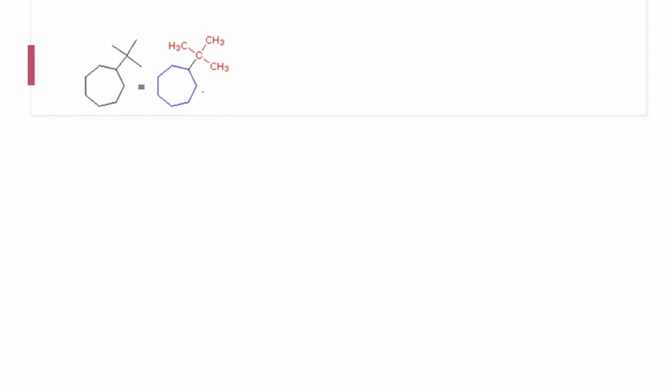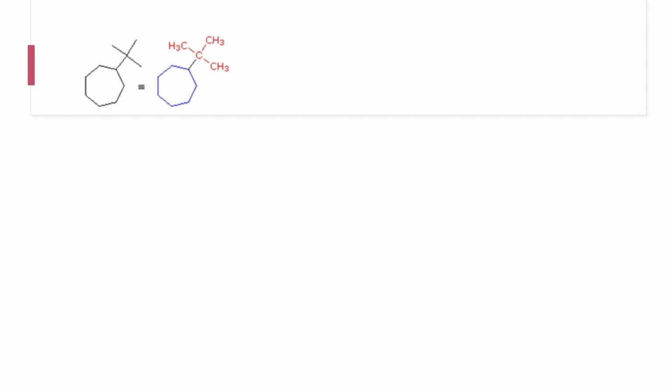In these cases, when I have a compound that contains a ring and a side chain, I have to count the number of carbons in the ring and the number of carbons in the side chain. The one which has the largest number of carbons is going to be the mother name.